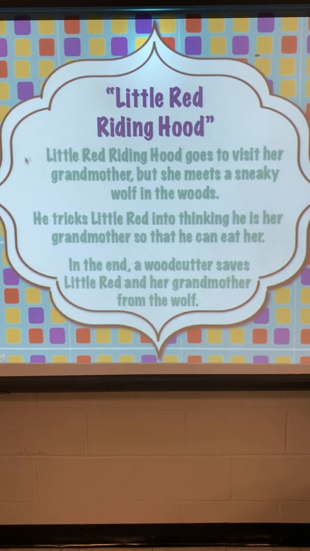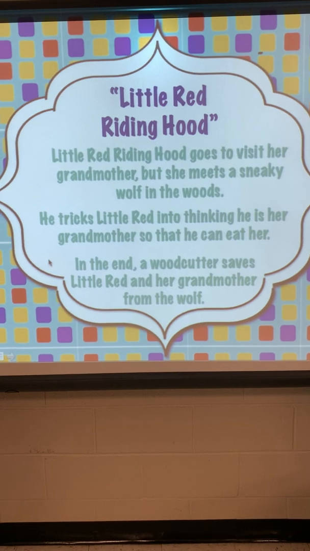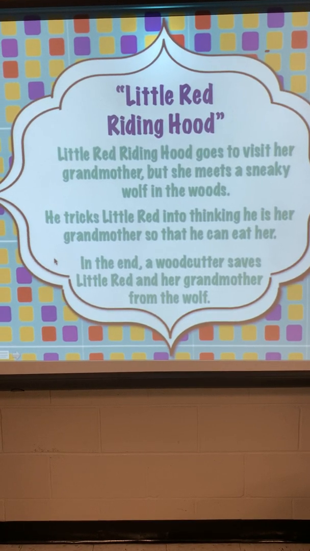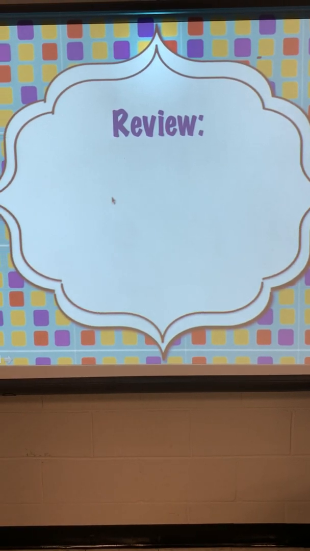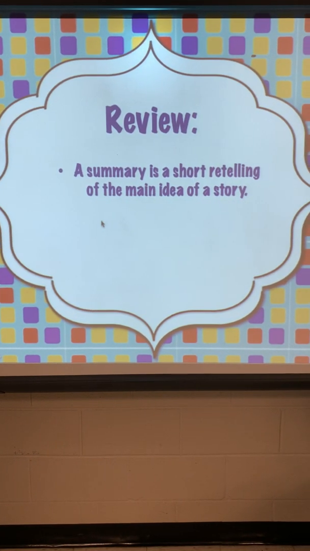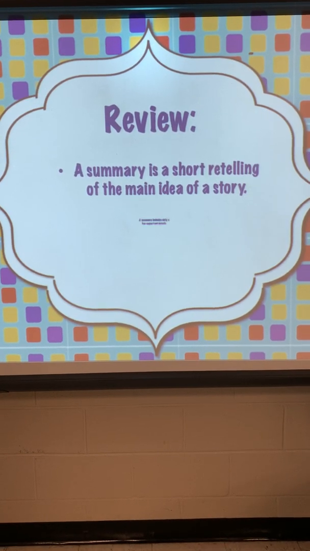So we've got all those story elements, and this only took 3 little sentences. So that's how you write a summary. They can be pretty short and sweet. Okay, let's review. A summary is a short retelling of the main idea of a story.